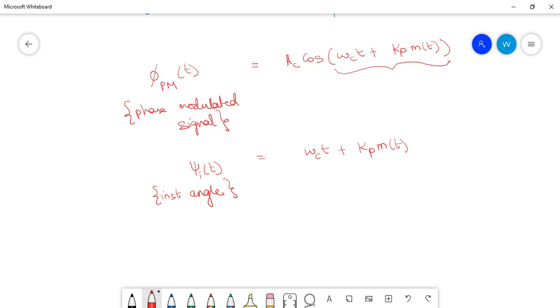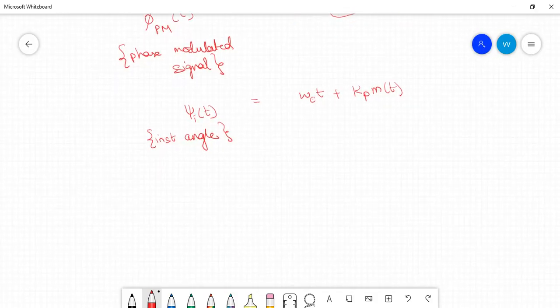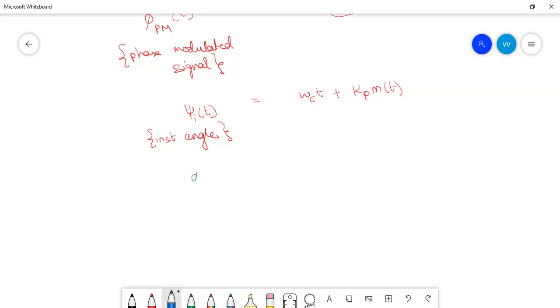The relation between angle and frequency is very simple: the rate of change of angle is the angular frequency. So if I differentiate, d/dt of psi_i(t), I get the instantaneous frequency omega_i(t).